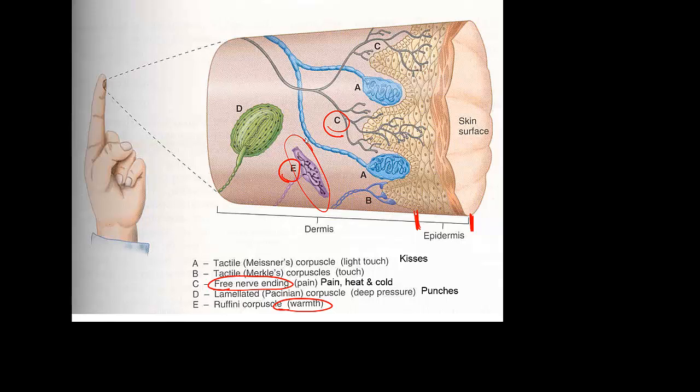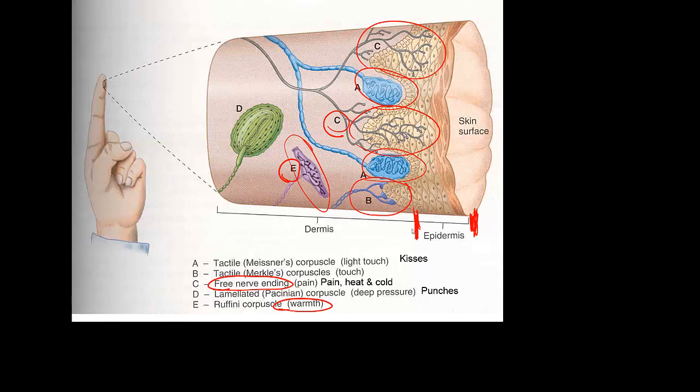So depending on the different types of receptors, you see a bunch of different ones here. We see these free nerve endings and these light touch receptors here, and these other touch receptors here, all very closely associated with the epidermal layer, right?